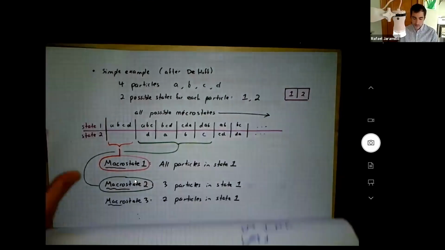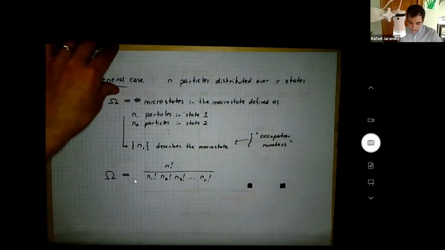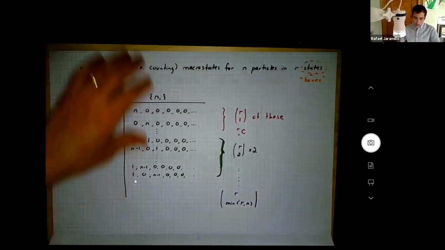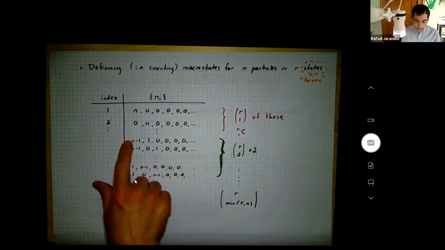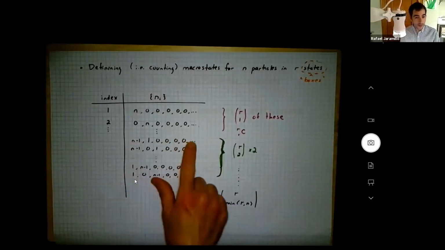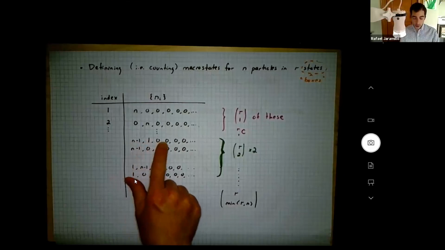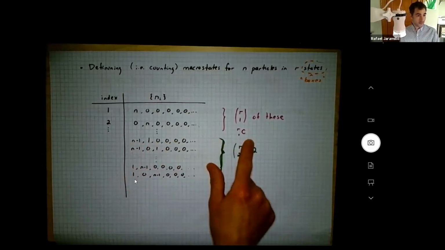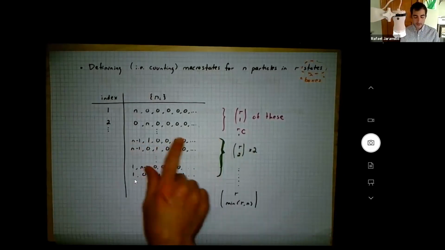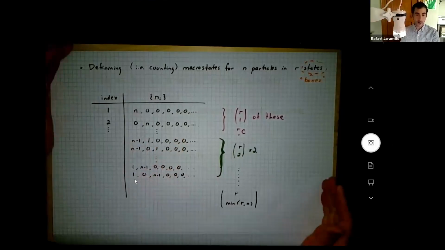The other question was about combinatorics. Here, I have R states, right? And 2 of them are special, because they have some particles in them. In one of them I've put n-1 particles and in the other I've put 1 particle, and all the other states are zeros. So one way to think about defining such states is I'm just picking 2 boxes out of all these boxes.